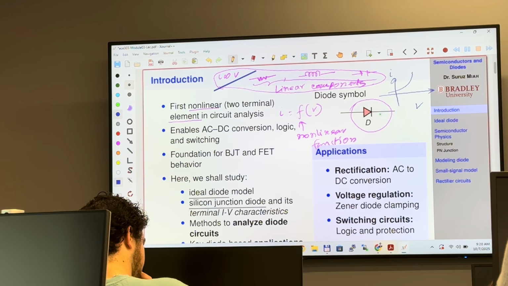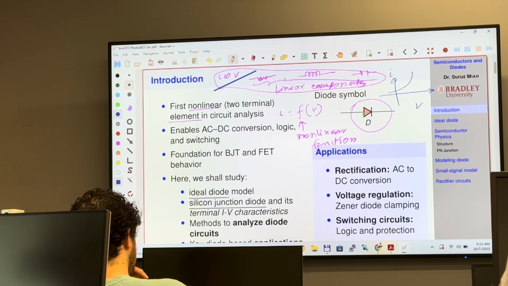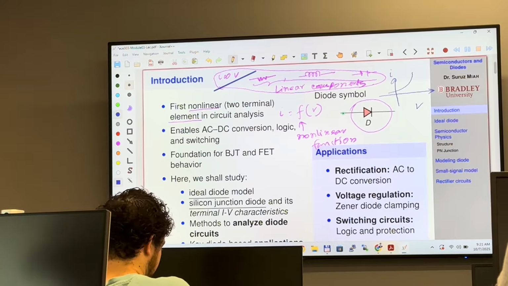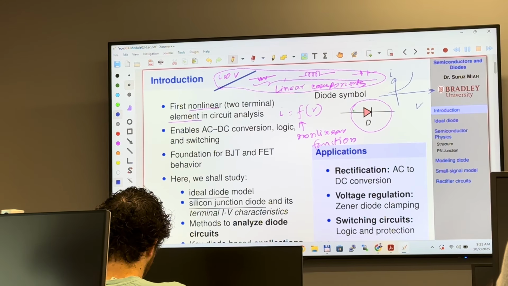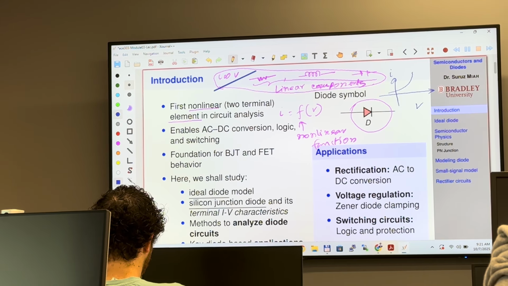The diode that we will be working with is a two-terminal device. That means it has two legs, two terminals. It enables AC signal to DC signal conversion.